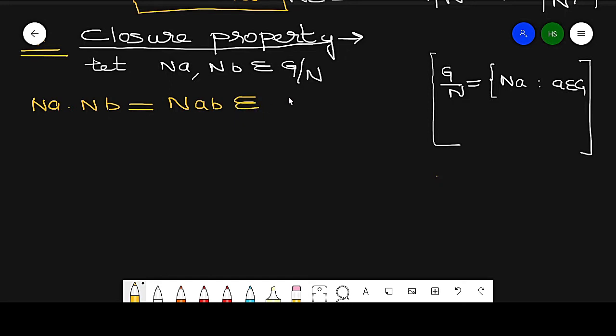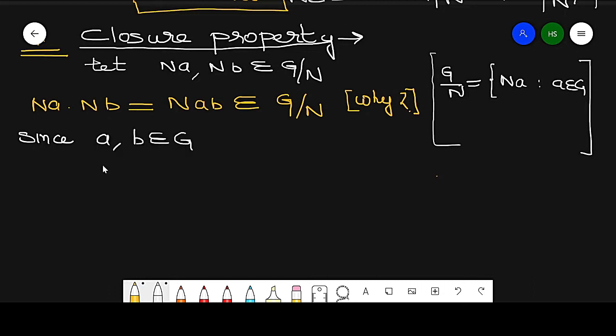It belongs to G by N since a and b are elements of G and G is a group. Since G is a group, it is closed under binary composition. So it implies ab belongs to G.